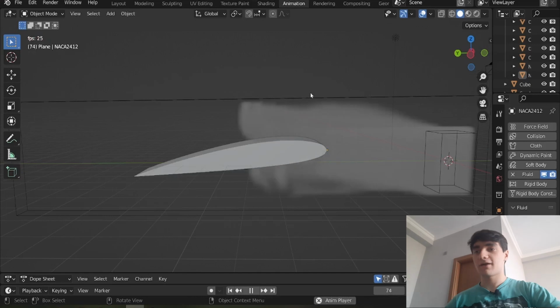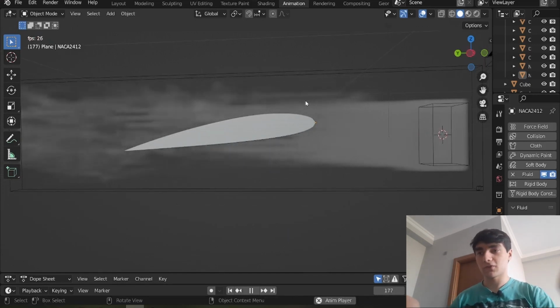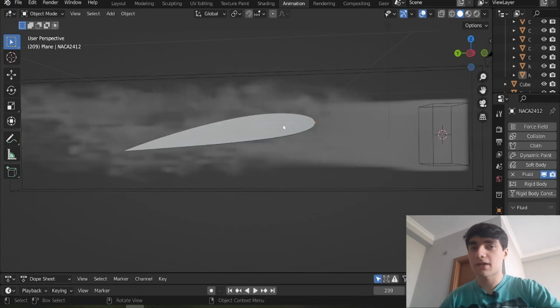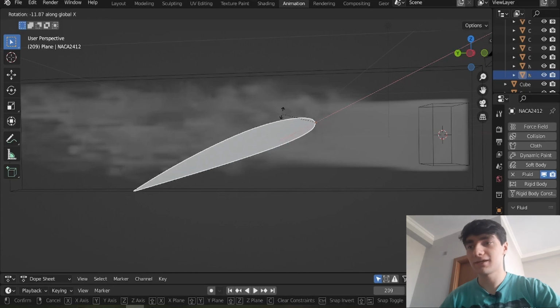Well, you may first ask, what are you talking about? There's almost no difference. That's because the angle of attack is too low. What's the angle of attack? It's basically the rotation around the x-axis, you see? Now I'm increasing the angle of attack.